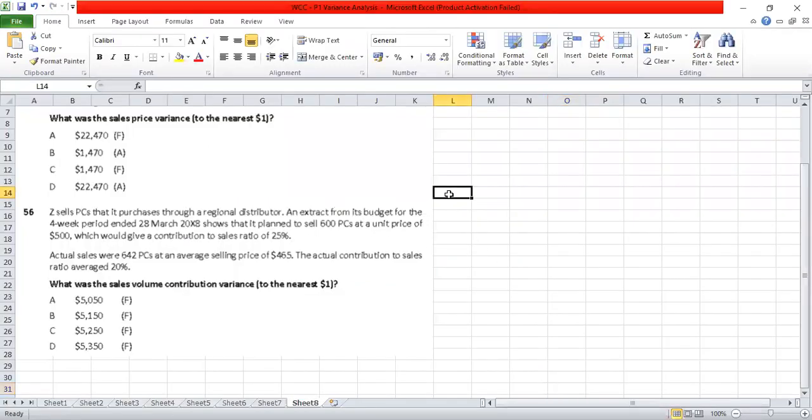56th question. Sales volume variance is equal to the standard selling.